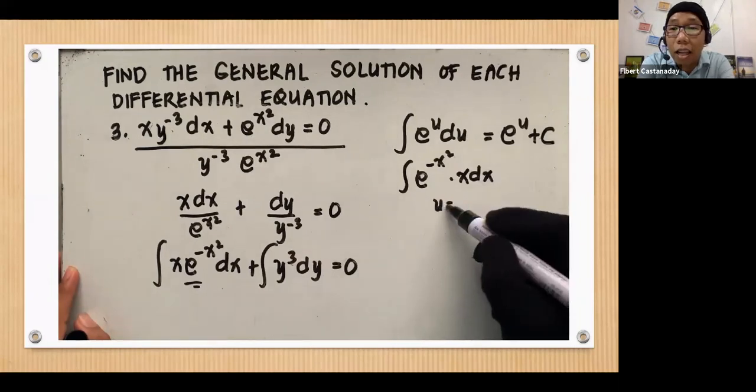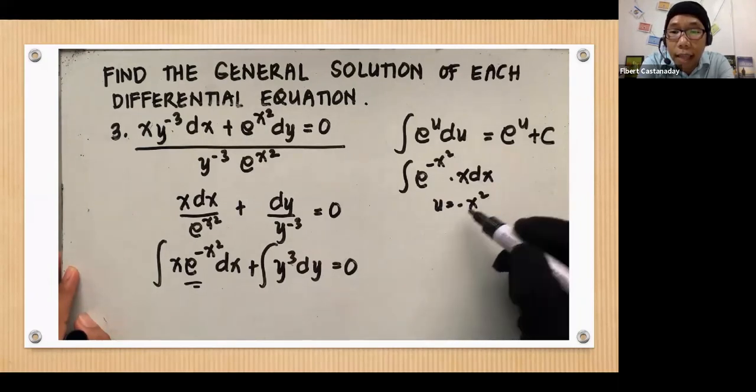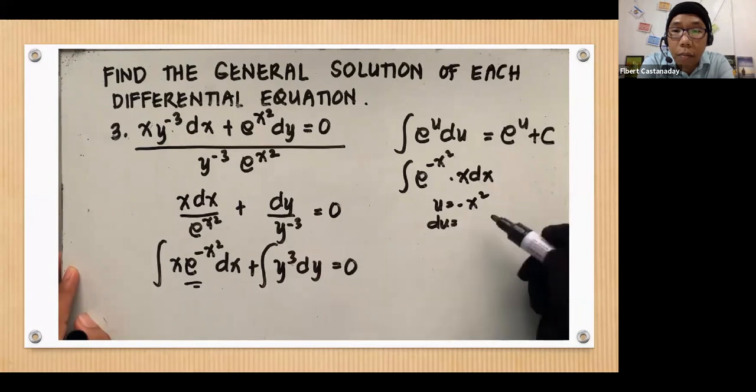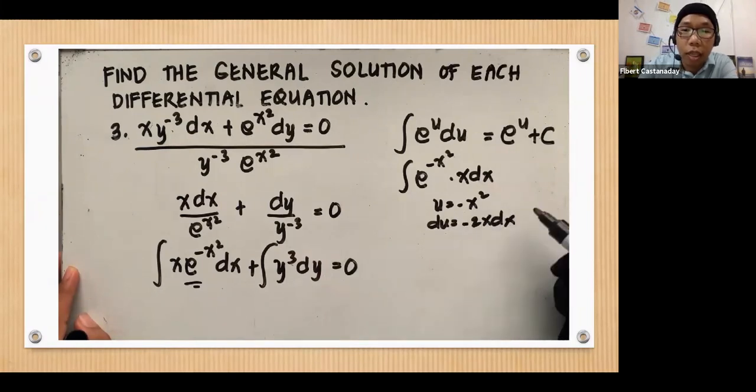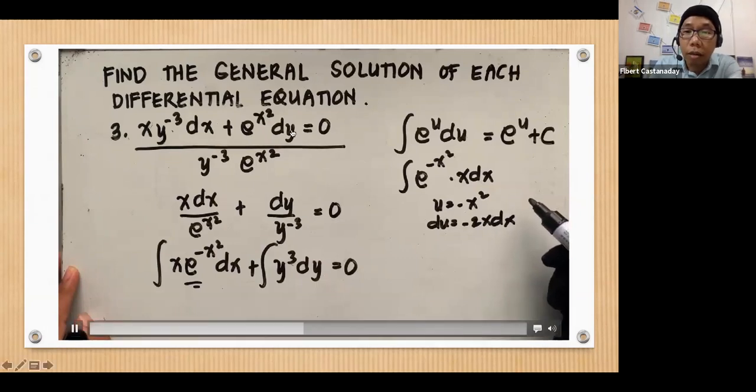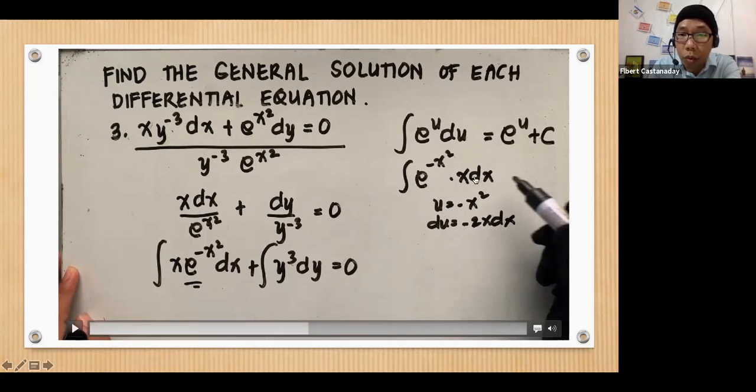Let's examine if this x dx is the differential of the exponent. So minus x squared is our u, by referring to this formula. Then differentiating minus x squared, u becomes du. You copy the minus sign and then differentiate x squared, so you have 2x dx.